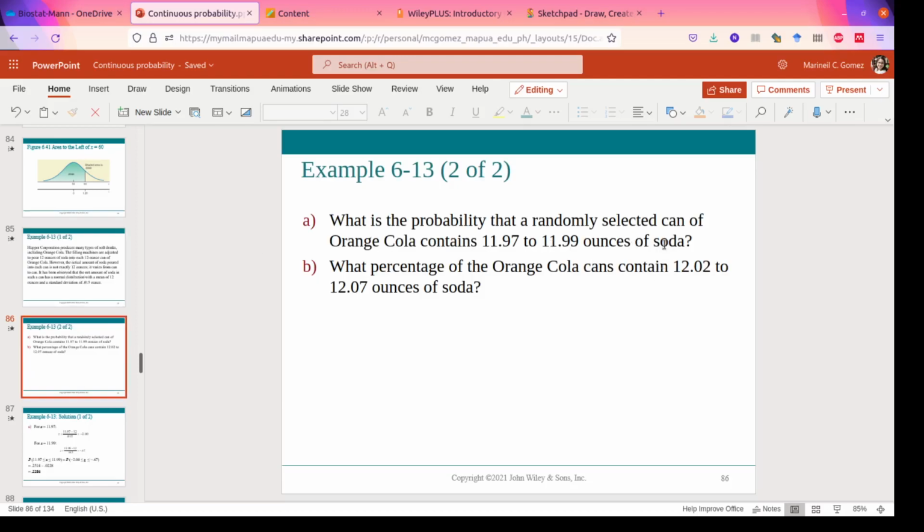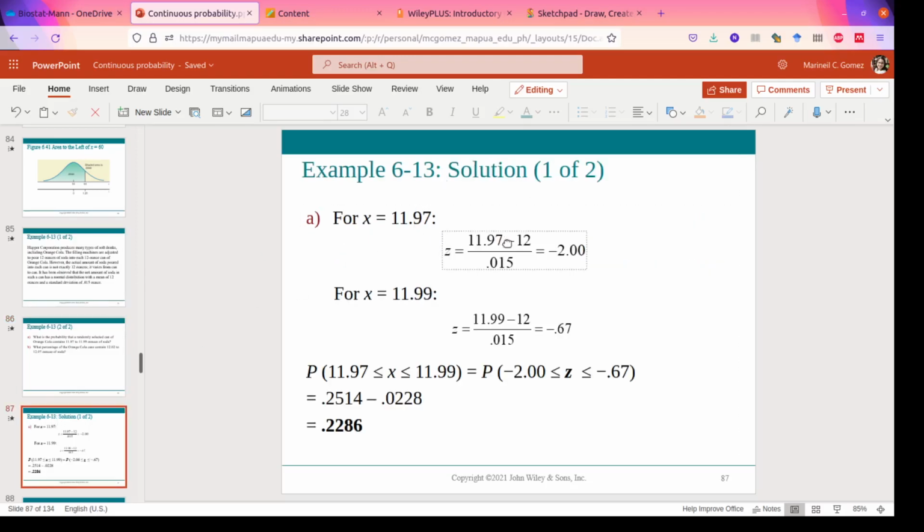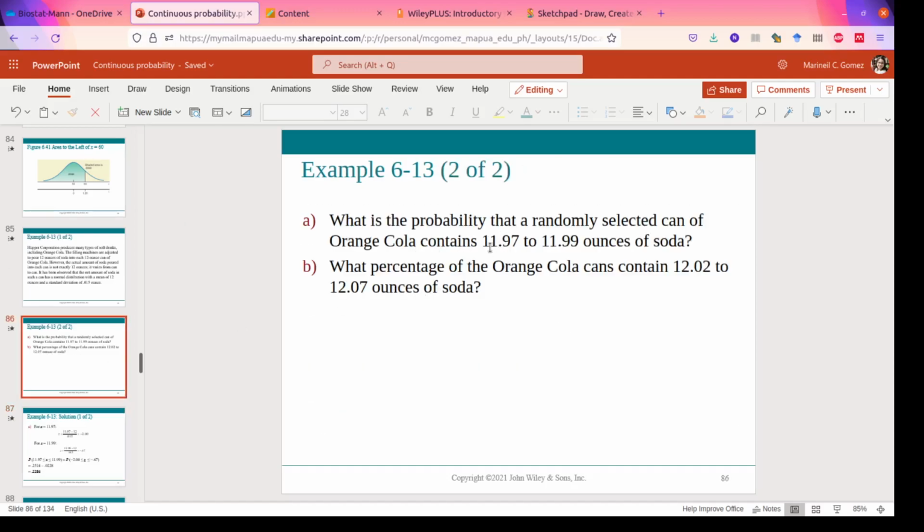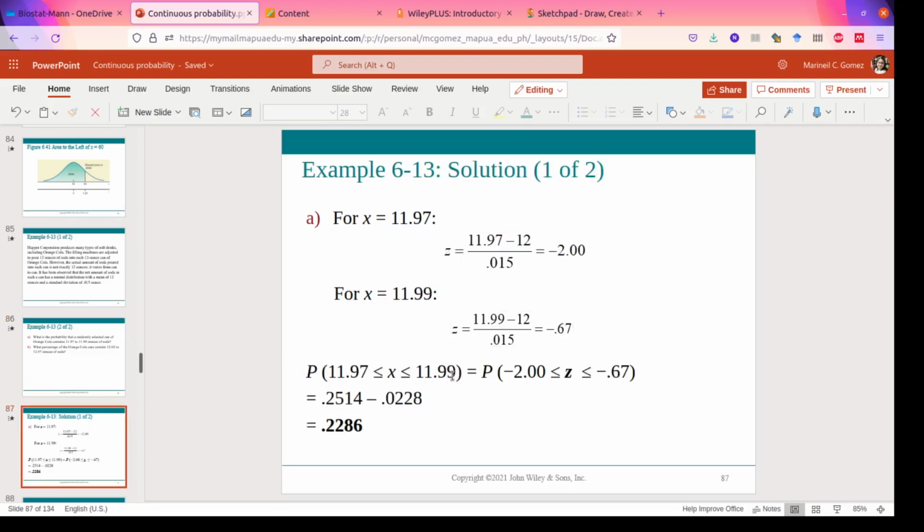For this type of question, this is our x, 11.97 to 11.99. We just need to convert our x with a mean of 12 and a standard deviation of 0.15. Since it's a question of between 11.97 and 11.99, it's between these two values.